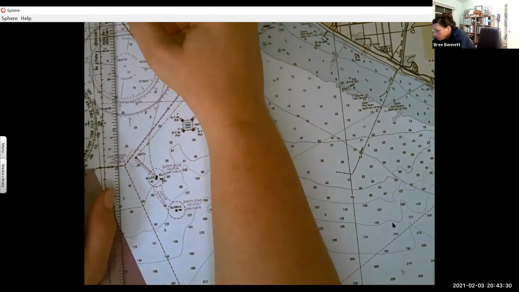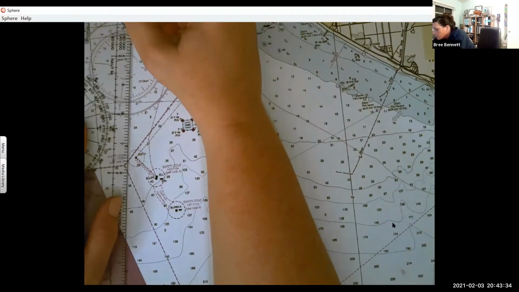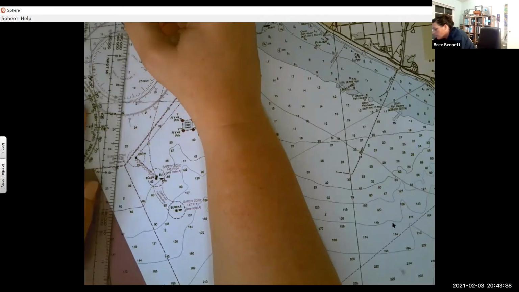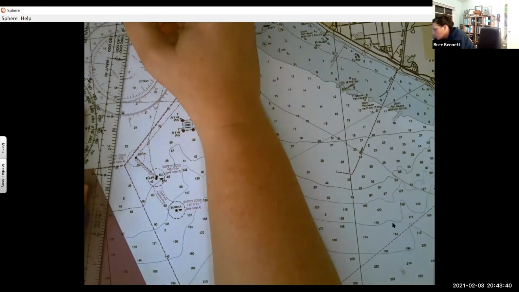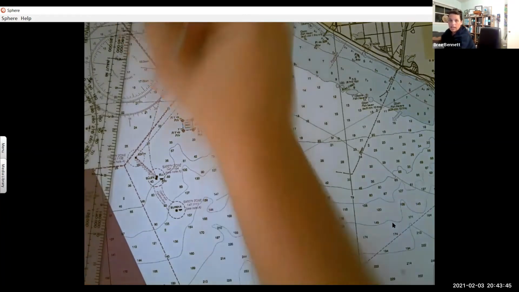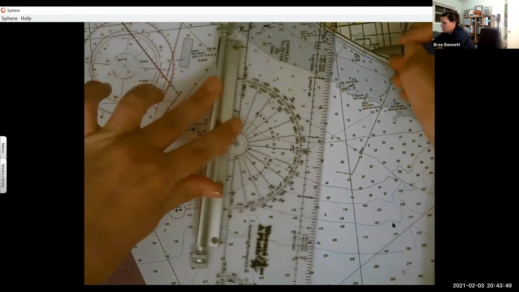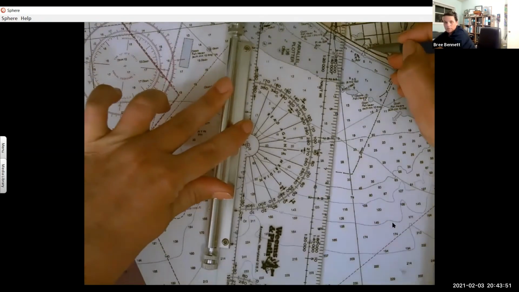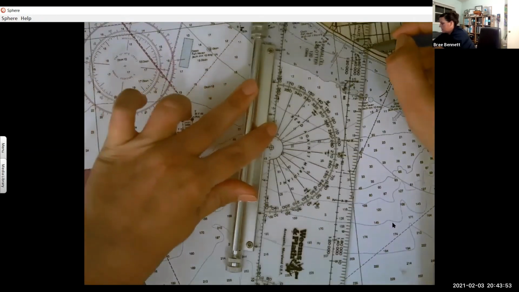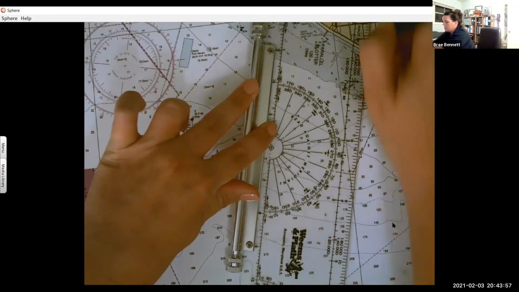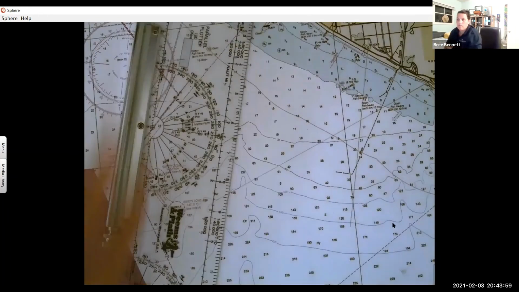Here's 10, 15, here's 13. There's 013. And then I'm just going to roll it over to the stack, put my pencil there, bumped up against my pencil. And then I'm going to draw my LOP line.